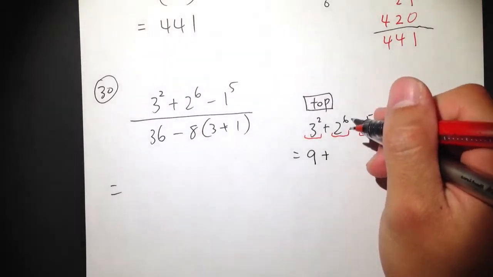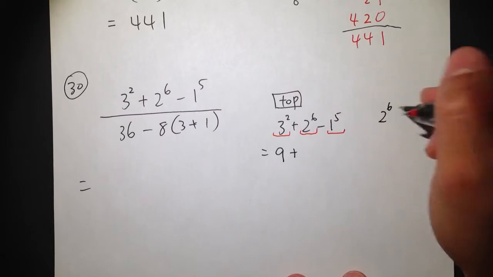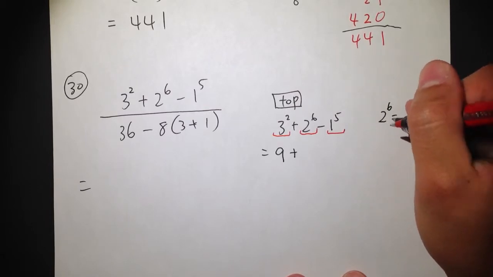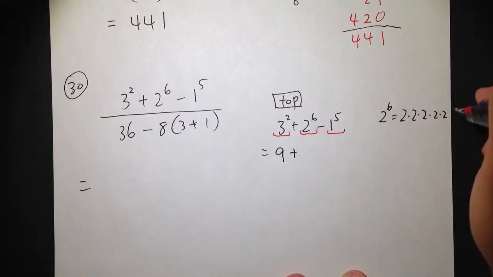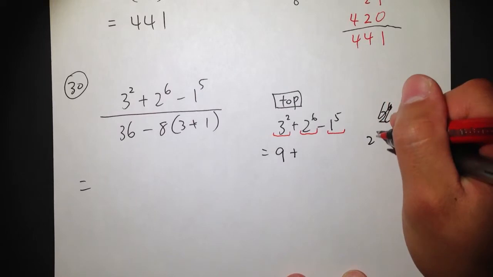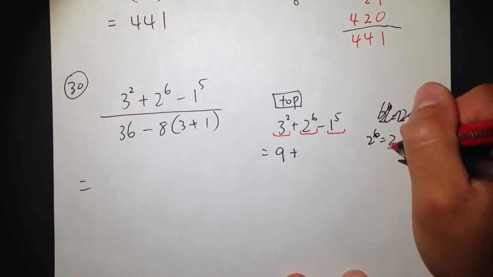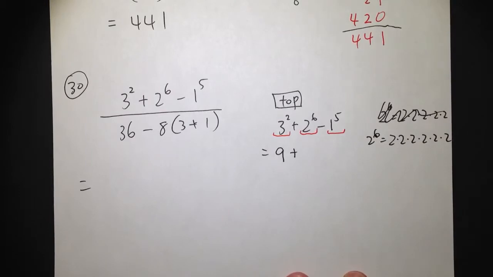And we have 2 to the 6. We need to work out what's 2 to the 6. 2 to the 6 means 2 times 2 times 2 times 2 times 2 times 2, right?